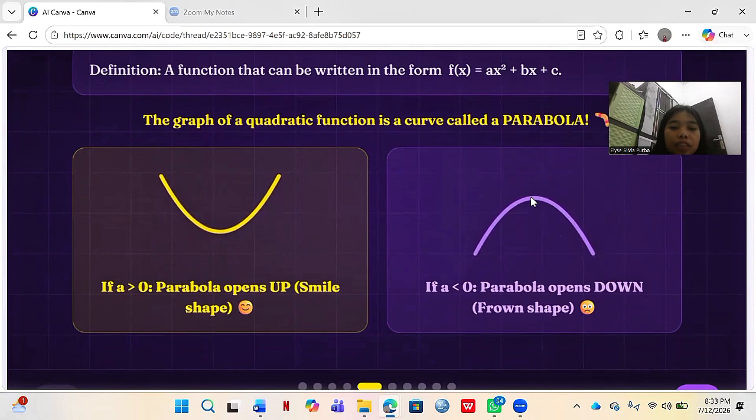The graph of this function is not a straight line, but a beautiful curve called a parabola. If the coefficient a is positive, the parabola opens up like a happy smile. But if a is negative, it opens down like a sad frown. This is a very easy way to remember it.